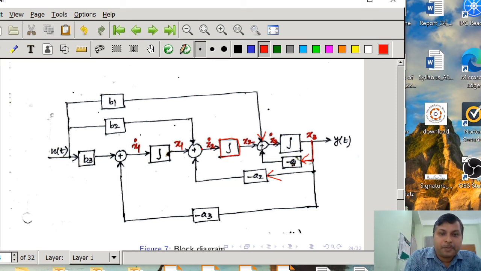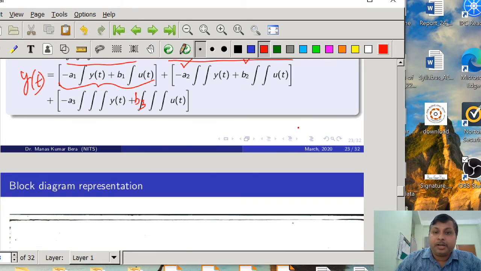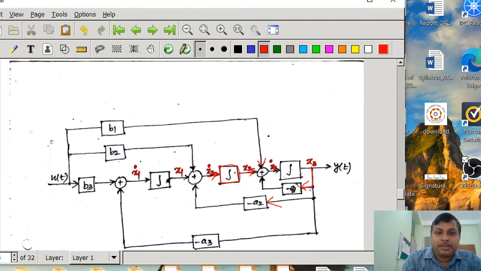Again this quantity is passed through one integrator, and the output of the integrator is added with these terms, and since it is double integrated, that is also done. You see, this quantity is going to pass through another integrator placed here.